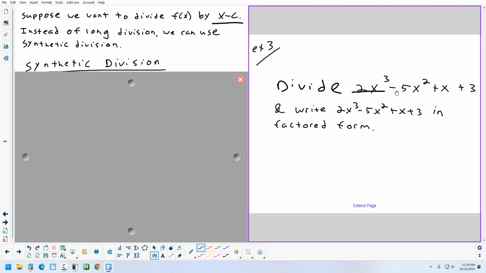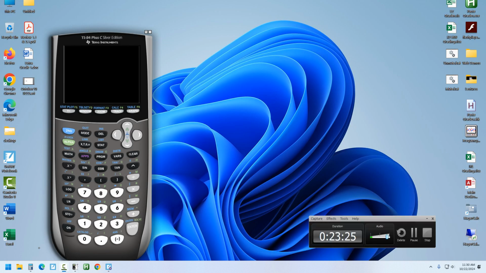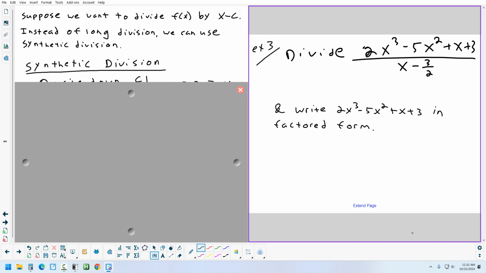Divide that by, would have been great if I looked at the number before I erased it. Okay, so they want us to divide that cubic polynomial by that linear one. Now, first of all, is the denominator set up in a way that synthetic division would apply? Yes, it is. It's x minus a number.